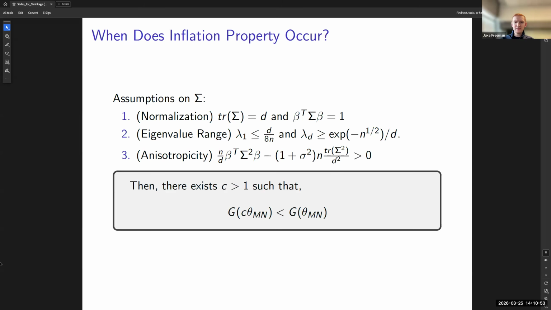And so the inflation property occurs when you have similar ideas to what you talked about. Assumption one is just a normalization that we use to make everything order one in the outputs and make the covariance matrix all similar. What we need with this lambda one condition is that the effective rank of the matrix is not too crazy.